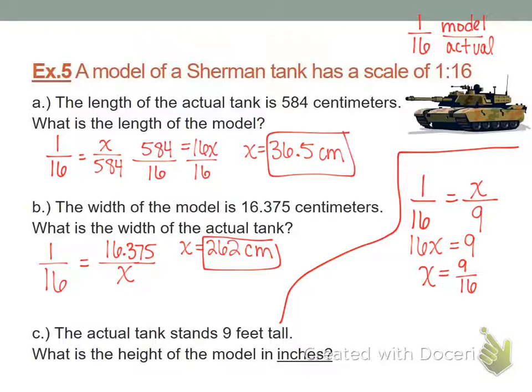For the moment, I'm going to leave mine as feet, as a fraction. Okay. We're in feet. We don't want feet. We want inches. How do I take feet and make it into inches? Multiply by what? 12. There are 12 inches in a foot.